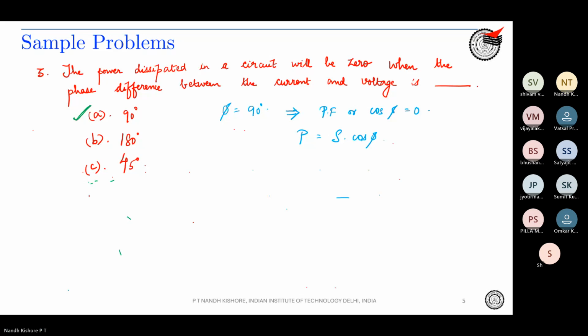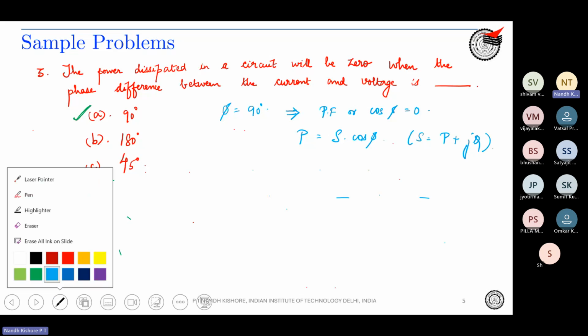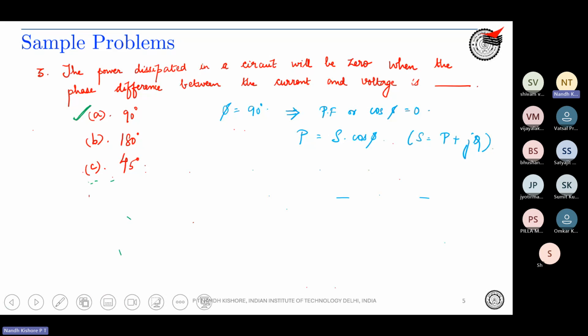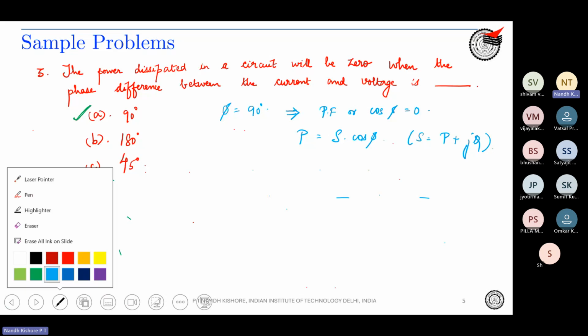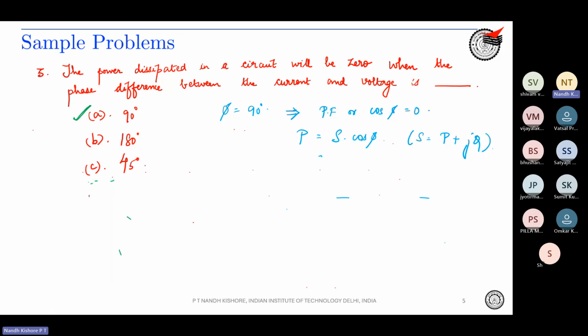S is equal to P plus jQ, where P is your real power and Q is your reactive power. So the real part is S cos phi, as we all know, cos theta plus j sin theta. So if your cos phi is 0, S into 0 is just going to be 0. This would happen only if your phase angle is 90 degree.